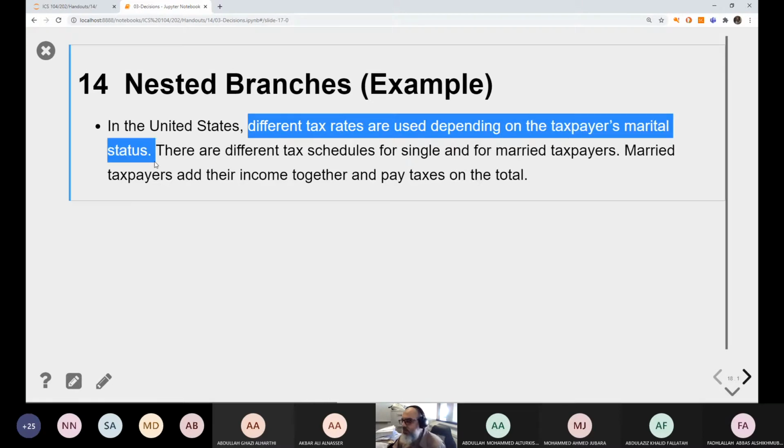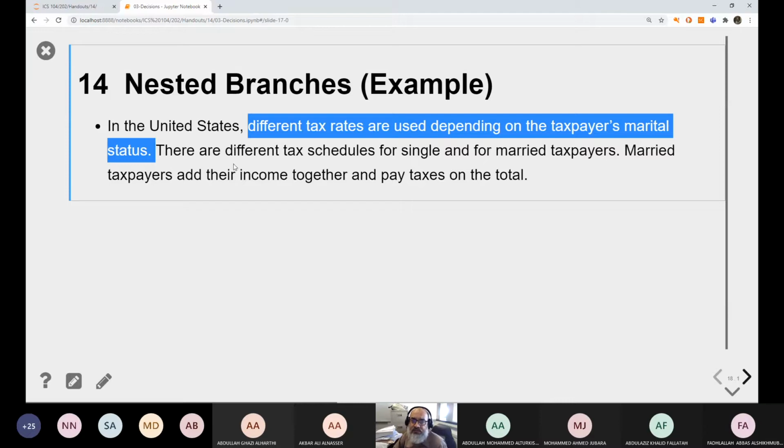Basically, everyone in the States who earns money needs to pay taxes on the amount he earns. For example, if you are an employee, in government or in a company, and you have a certain salary, you have to pay taxes on that salary.